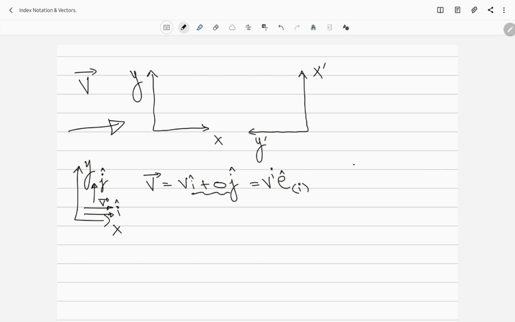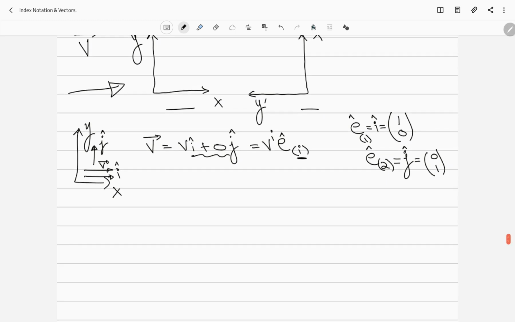And over here, this e1 is i hat, which in matrix form is 1 0, and e2, because we have 2 dimensions, so we would only go for 1 and 2, is equal to j hat, which is 0 1 in matrix form.